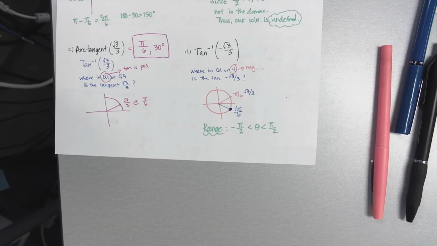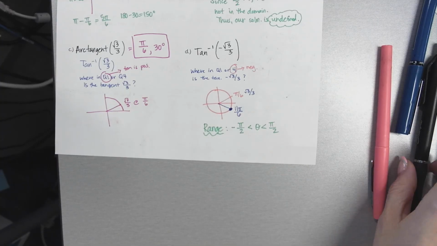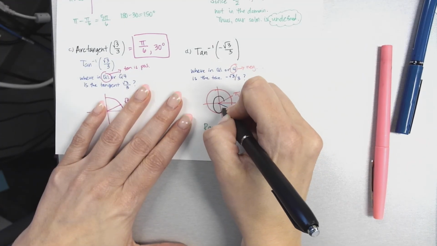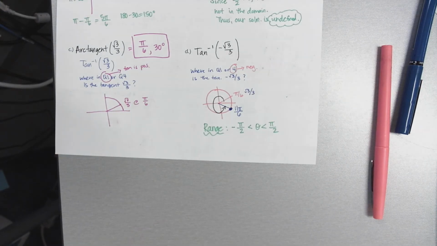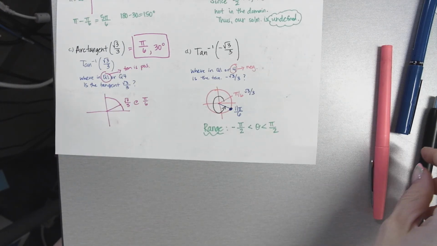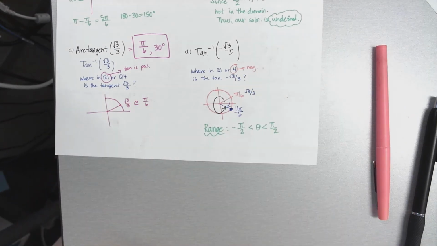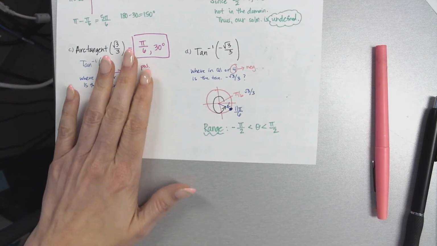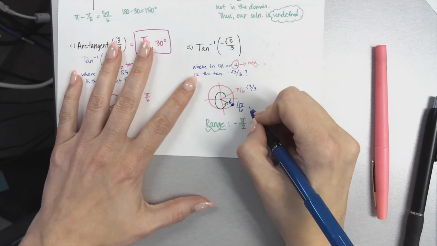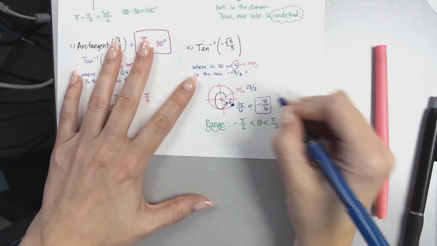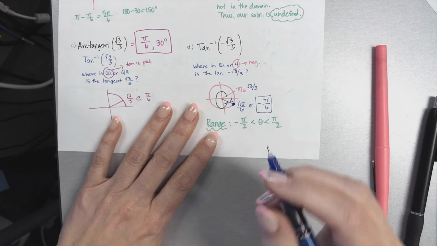But remember, we can write angles in 2 different ways. What's another way I could write this angle? I could write the positive angle as 11 pi over 6, or I can write the negative angle as negative pi over 6. So remember how we wrote the negative angles? Those coterminal angles? So it is going to be the negative one, okay?